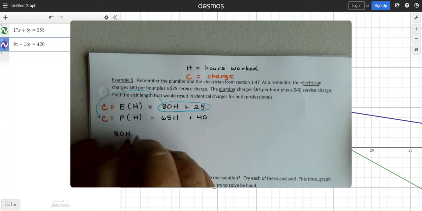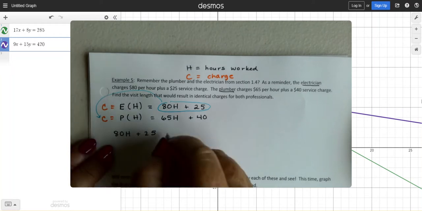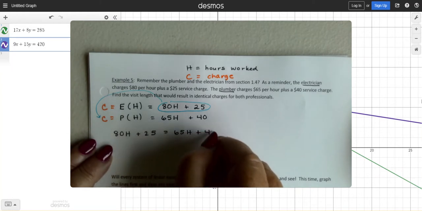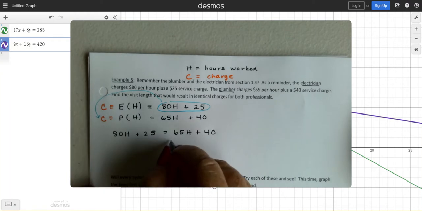80H plus 25 replaces the C, and that's going to equal 65H plus 40. And hopefully that kind of makes logical sense, right? You're just setting the charge for each professional equal to one another. All right, I want to solve this for H, so I'm going to subtract 65H first.